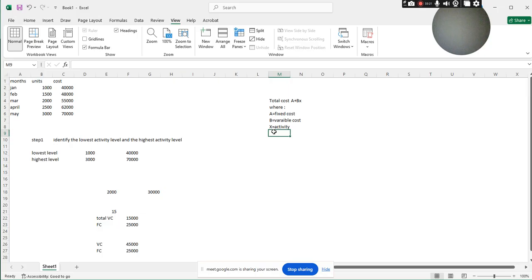Then our b is equal to n summation xy minus summation x summation y, all over n summation x square minus summation x all square.